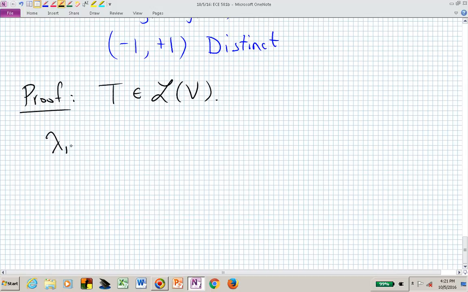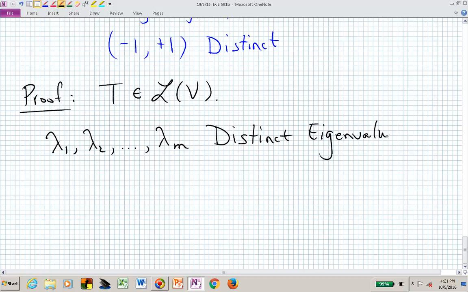I'm going to say that we have lambda 1, lambda sub 2, up to lambda sub m distinct eigenvalues. And I now know, or you've convinced me that you know, what that means. That means that we can associate with each of those a particular eigenvector, v1, v2, up to v sub m.